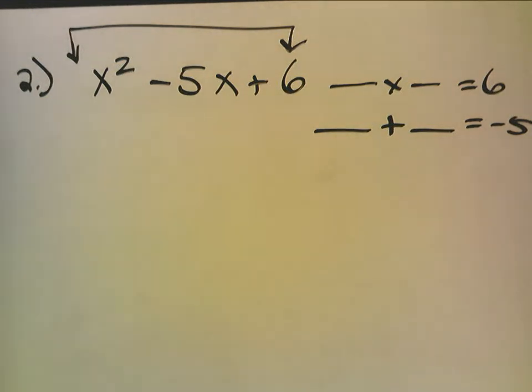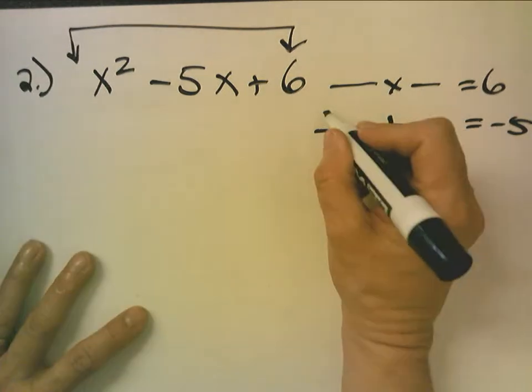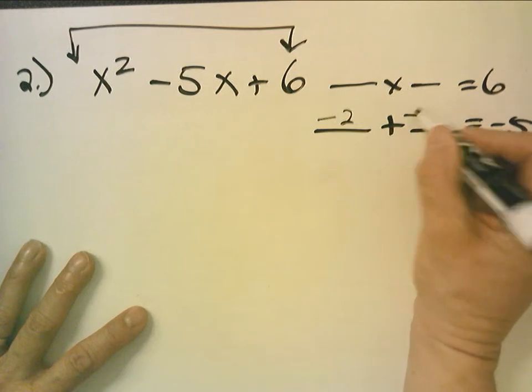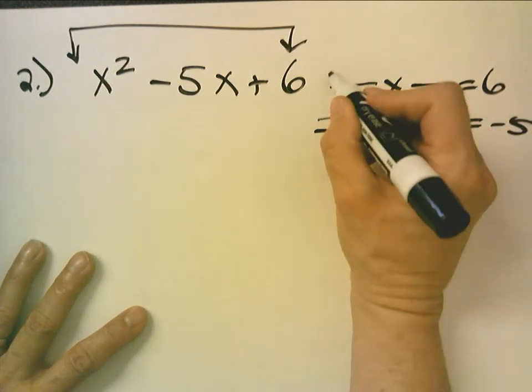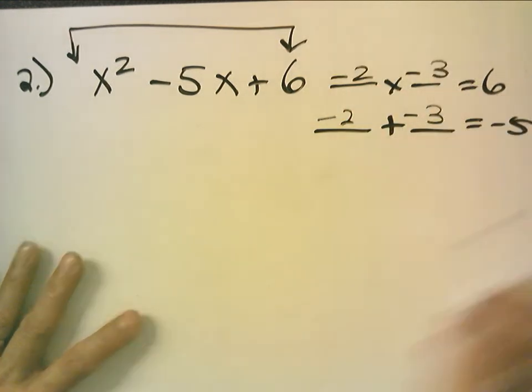So now I know they're both going to be negative, because the only way to get a sum that's negative and a product that's positive is if I have the same signs. The only way to get a negative sum is if they're both negative. So it's going to be negative 2 and negative 3 equal negative 5, but negative 2 times negative 3 equals 6.